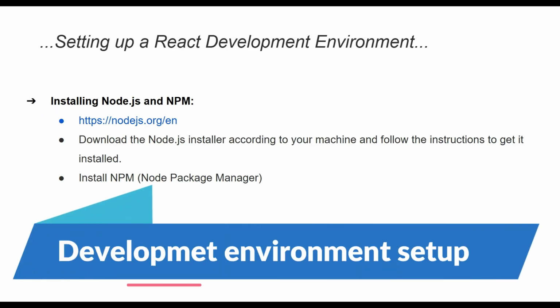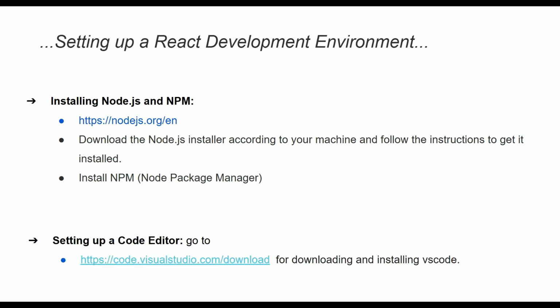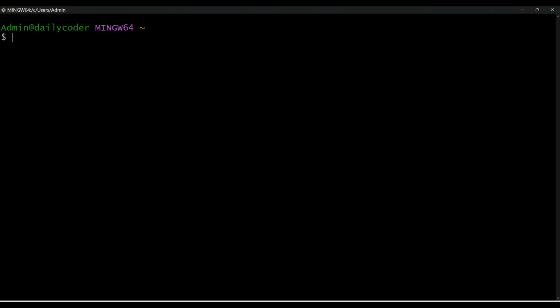All right, so before installing Node.js, I just want you to check your machine to see if Node.js has already been installed. To check, you're just going to open your CMD, which is your command line. For example, here, I'm going to open the Git Bash right here, and then I'm just going to type node, and then the version flag, right?